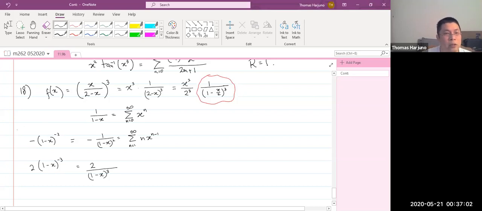So that's the derivative. And you do another derivative. So the series now starts from 2, and this is n times n minus 1, x to the n minus 2.